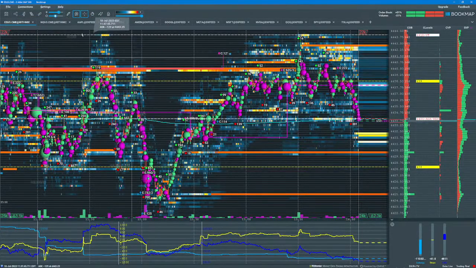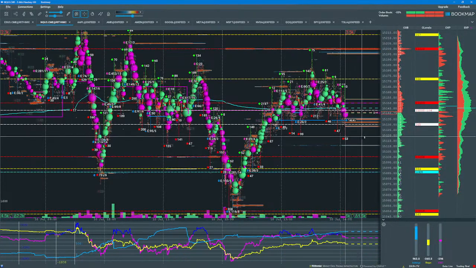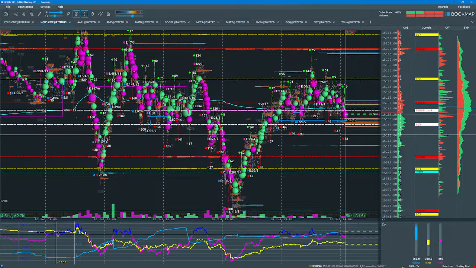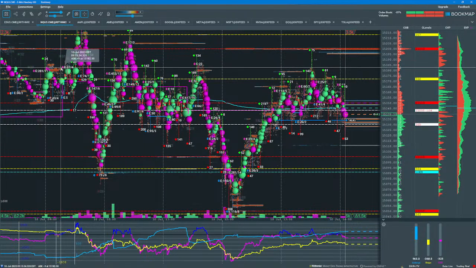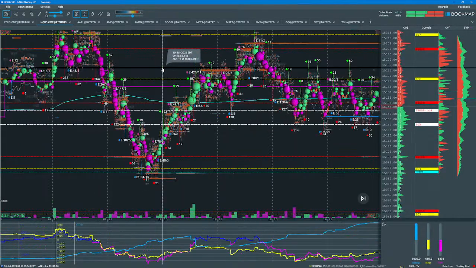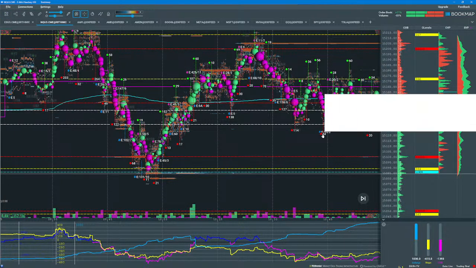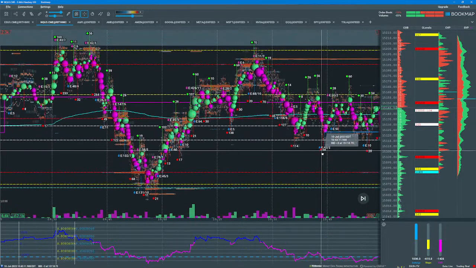All right, let's take a look at NQ now. And there was actually a nice bullish setup this morning. I'm going to zoom in on that. Zoom around just a little bit.